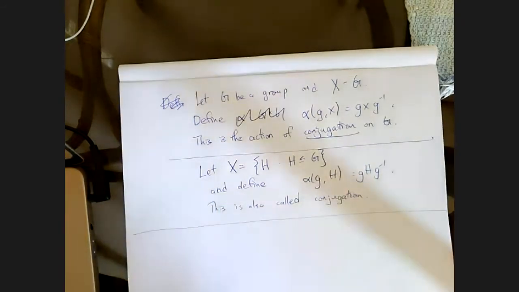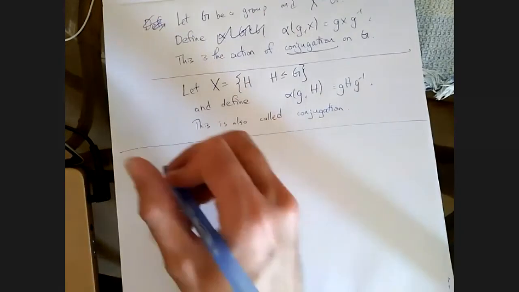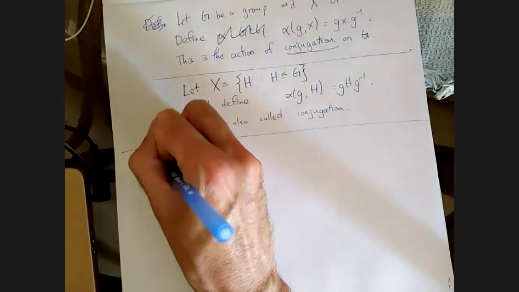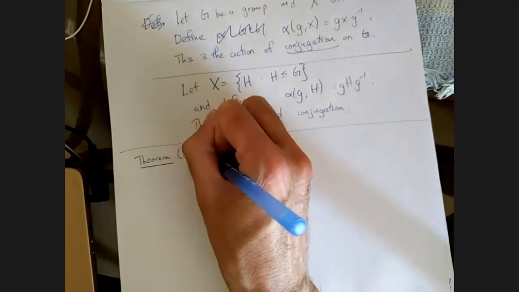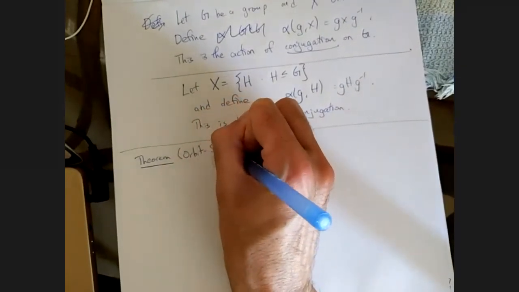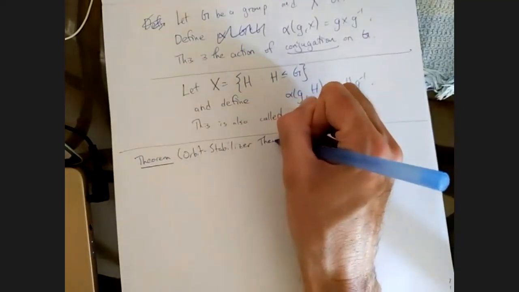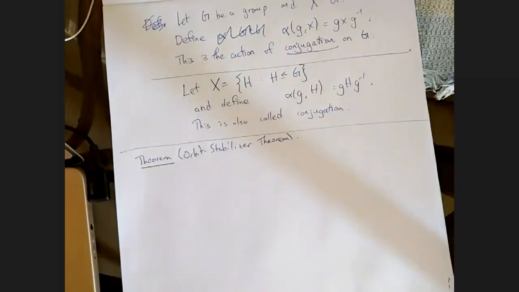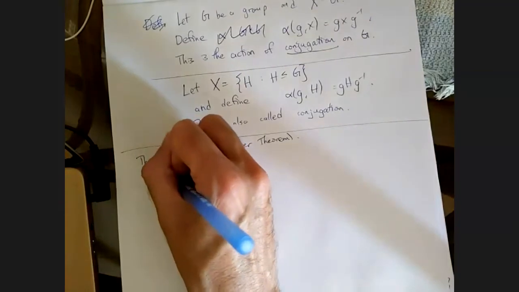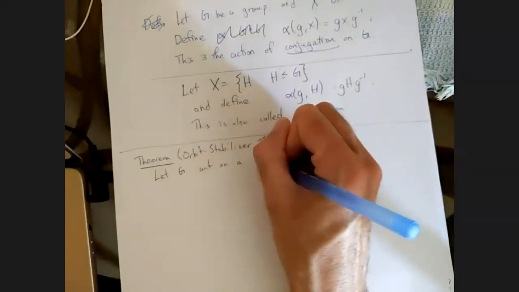This is called the orbit stabilizer theorem, and this theorem says, let G act on a set X.